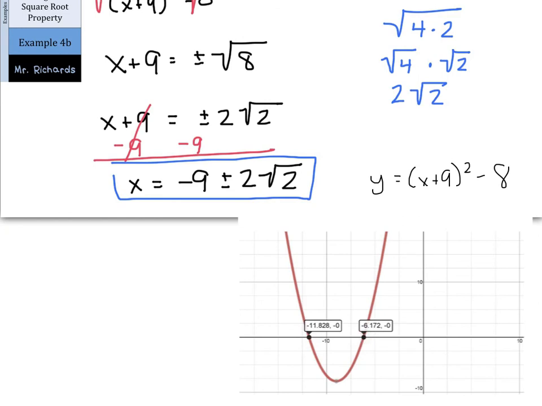And if you were to take 2 times the square root of 2, you would get about 2.8, or 2 and 8/10. So negative 9 minus 2 and 8/10 gets you to the negative 11 and 8/10. And negative 9 plus 2 and 8/10 takes you to the negative 6 and 1/10 or so. So that confirms our answer.